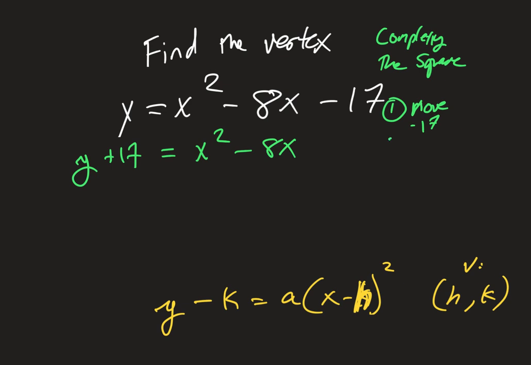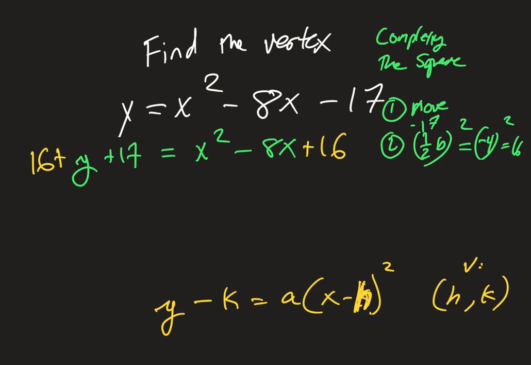Completing the square steps is I take half of b and square it. In this case, b is -8. Half of -8 is -4. So inside the parentheses, this is -4. I'm going to square it, which is 16. I'm going to add 16 on this side of the equation, and I'm going to add 16 on that side of the equation, so I still have a balanced equation.